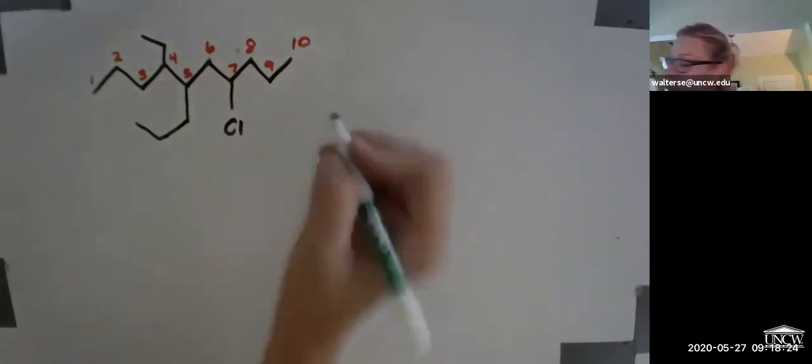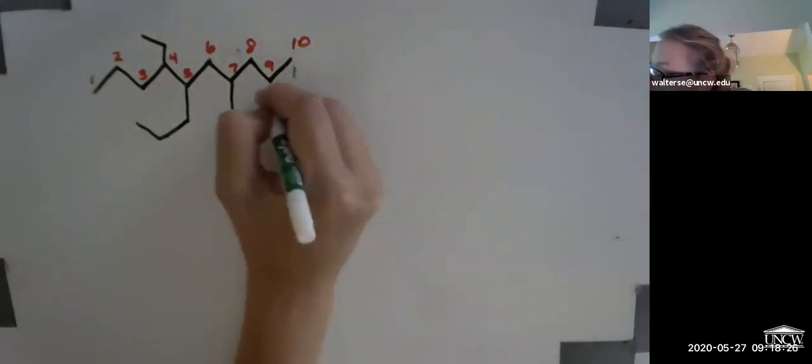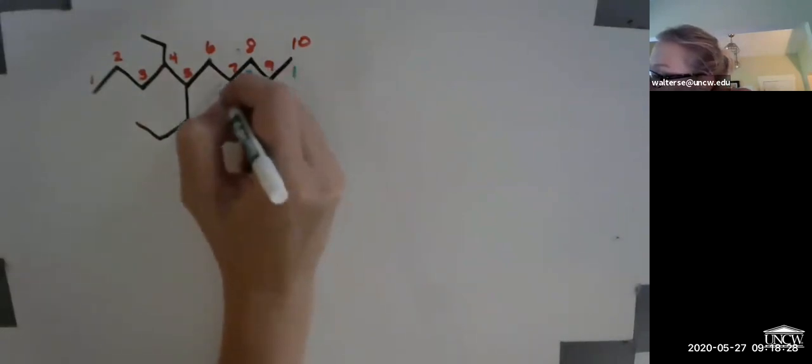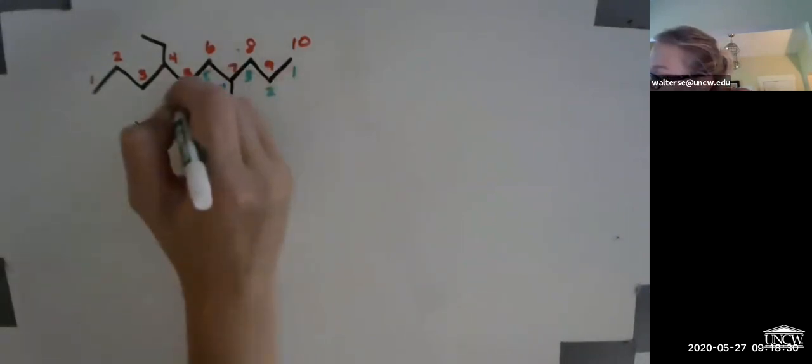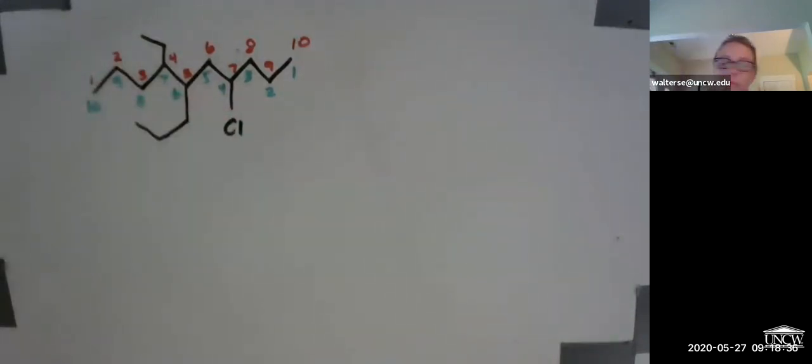And then go in the opposite direction. 1, 2, 3, 4, 5, 6, 7, 8, 9, 10. The red numbers are 4, 5, 7. The green numbers are 4, 6, 7.